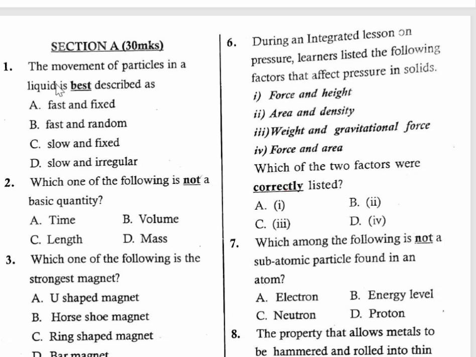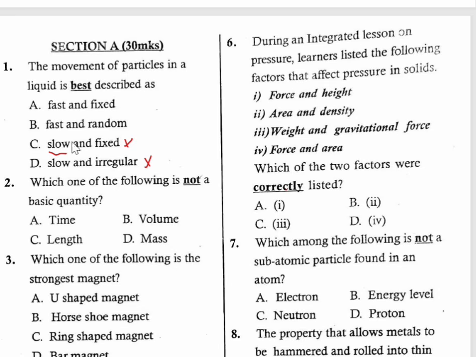First question reads, the movement of particles in a liquid is best described as A, fast and fixed, B, fast and random, C, slow and fixed, D, slow and irregular. So which one do you think is the correct option? To start with, the movement of particles in liquid is not slow, and therefore where we have slow, that was incorrect. So C and D, automatically they are incorrect.